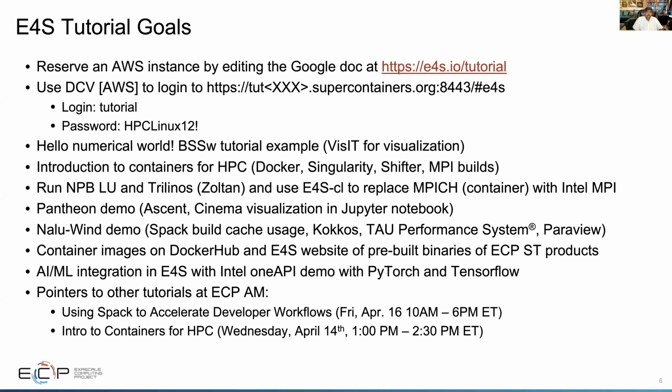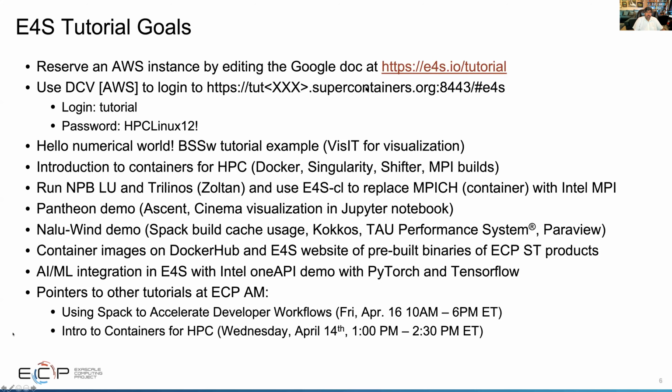We can start by signing up for an AWS instance by going to this webpage, e4s.io/tutorial. If you have not done this, please do this and reserve an instance. We have 8 CPU, 32 GB Xeon Platinum instances on AWS. And I would like to thank them for providing the research credits.